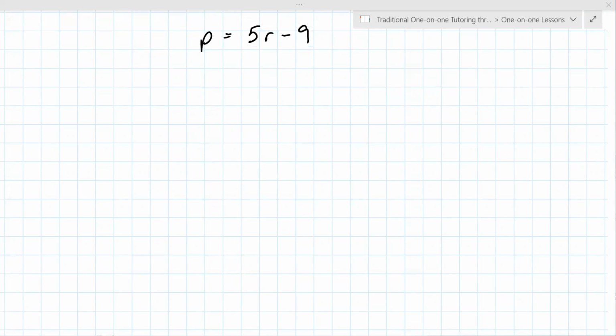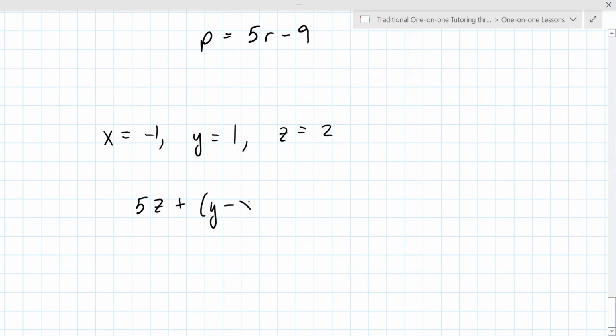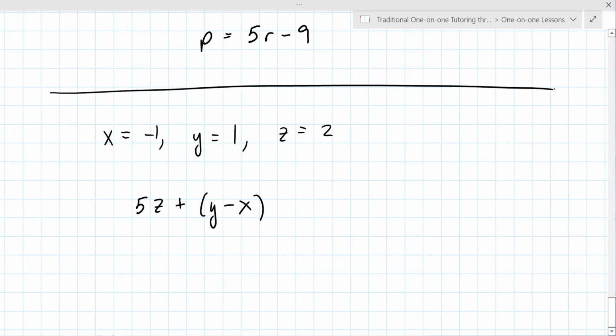Right, so let's go. Let's say that x equals -1, y equals 1, and z equals 2. And I want you to do 5z plus y minus x.